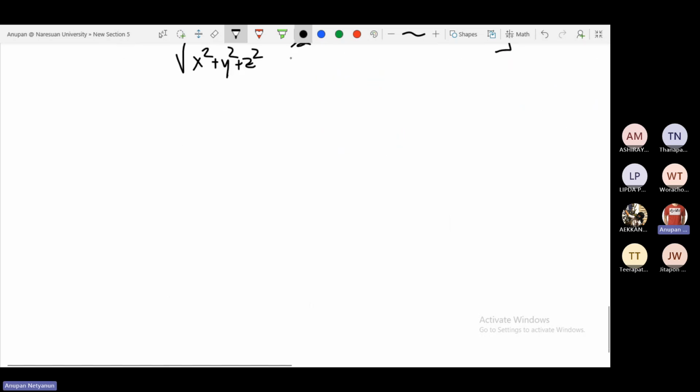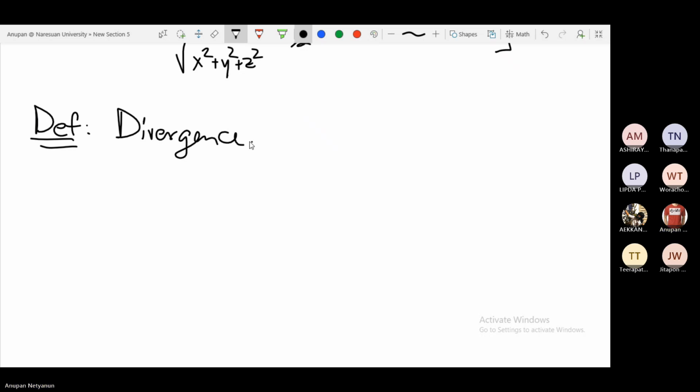Next we are going to talk about another definition, which is divergence. Now, you start with a vector function that depends on x, y, and z.